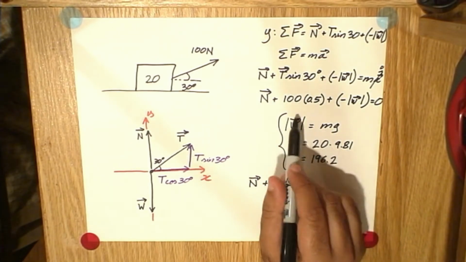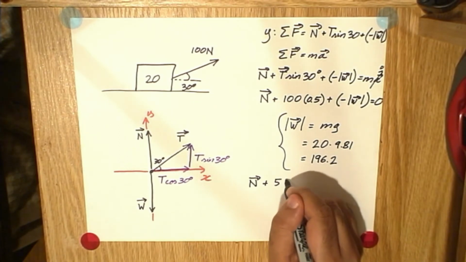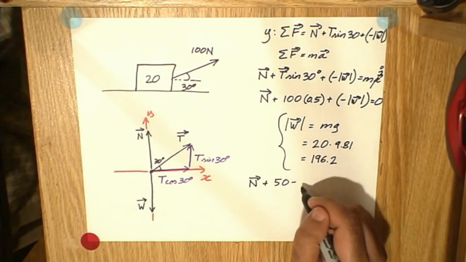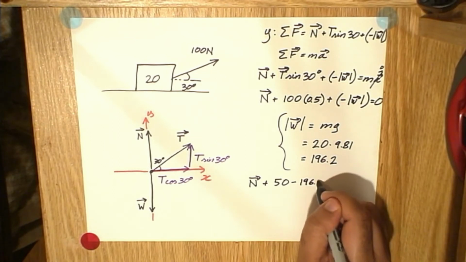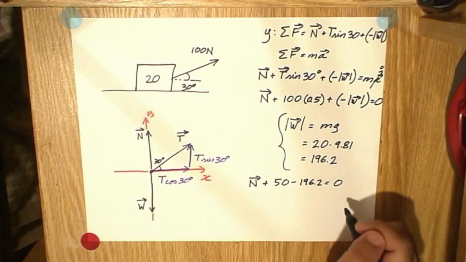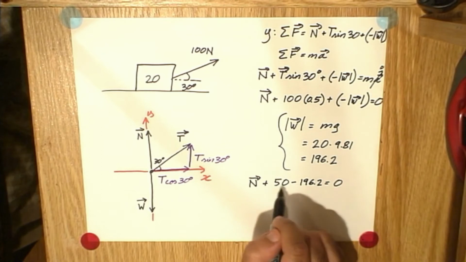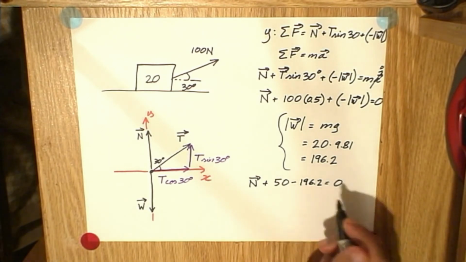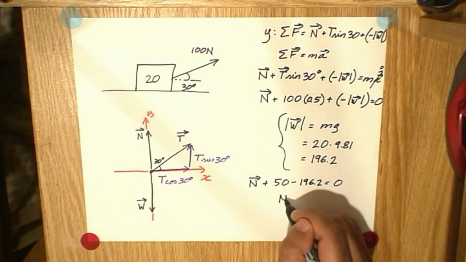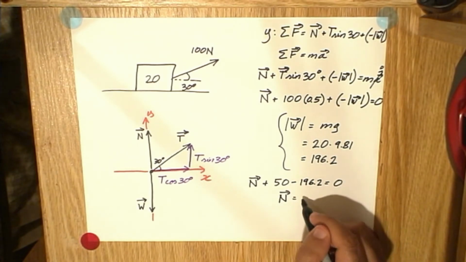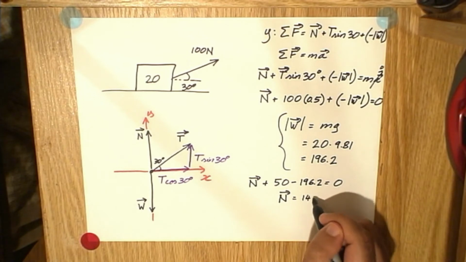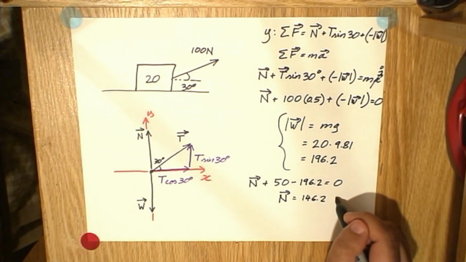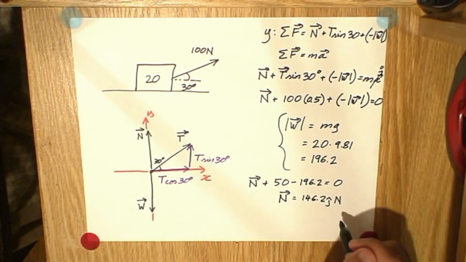It's 0.5. 100 times 0.5 is 50, minus a weight of 196.2 is all equal to 0. So when you simplify this, move the 196.2 to the other side, move the 50 to the other side, you end up with the normal force is equal to 146.2 newtons. And this would be in the j hat direction.